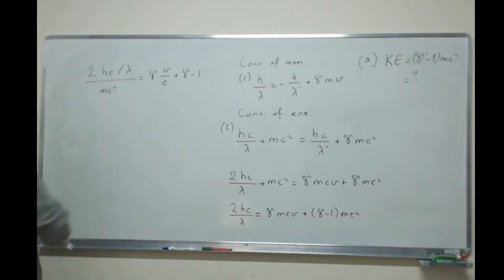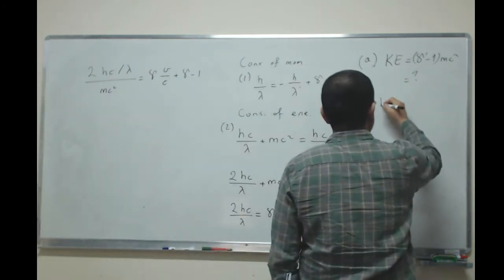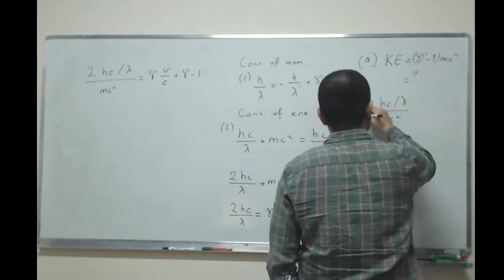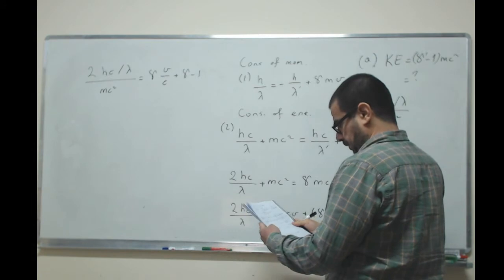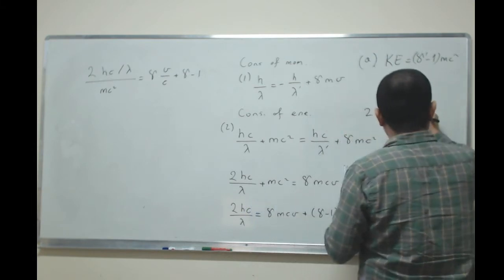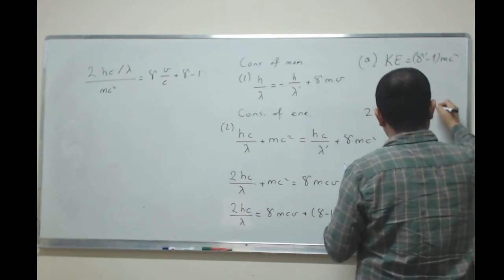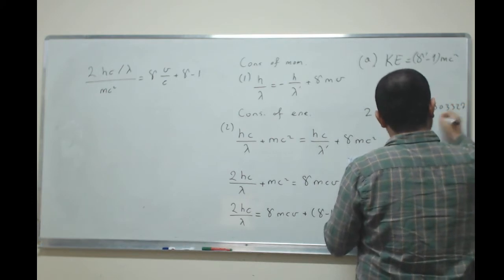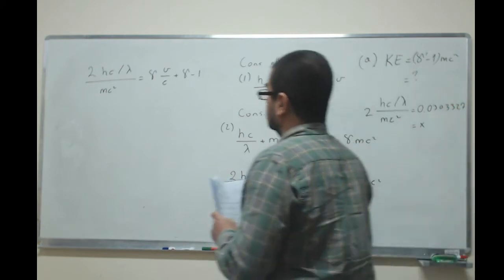This is just the energy of the photon, this is the rest energy of the electron, and I'm just multiplying by 2. So hc over lambda by mc square times 2, which I already calculated, comes to something like 0.0303327, but I will simply call this x.